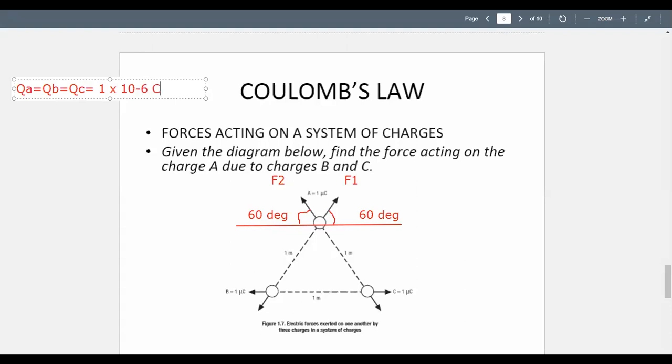That's how much a microcoulomb is. They are all equivalent. Now for their distances, we can call them R sub A, equals R sub B, equals R sub C, and they are all 1 meter apart.